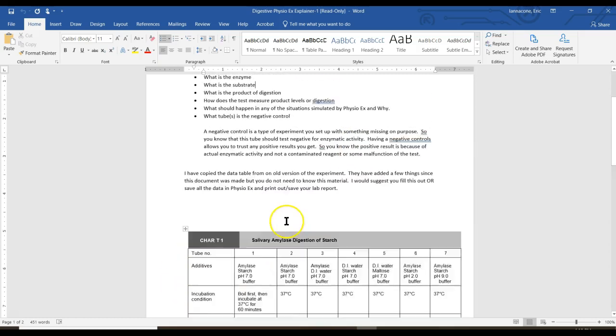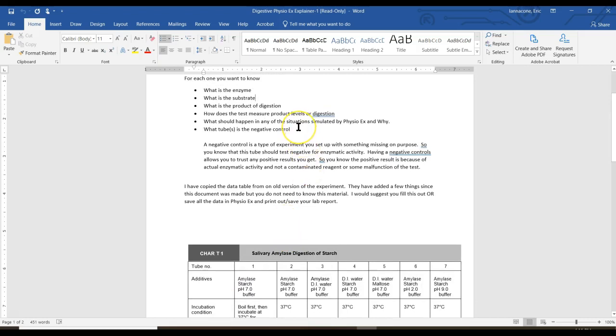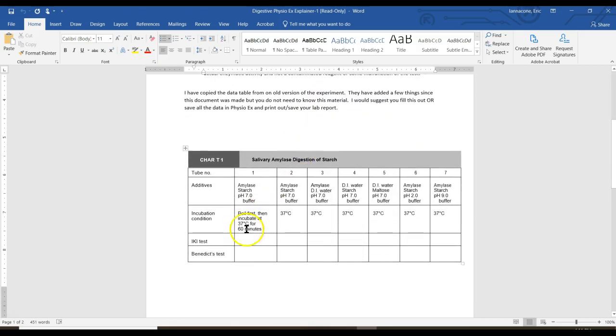In this case, there are 2 tests. And then, based on what you know about amylase, and how it should respond to different pHs, you could predict what should happen here. Now, you're going to have the results, but I'm going to ask you why the results are the way they are on the exam.